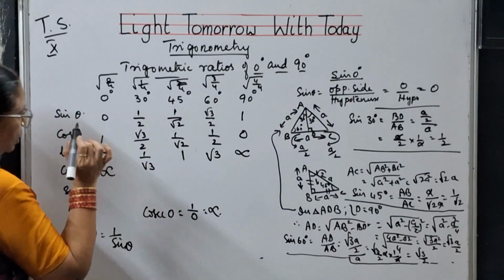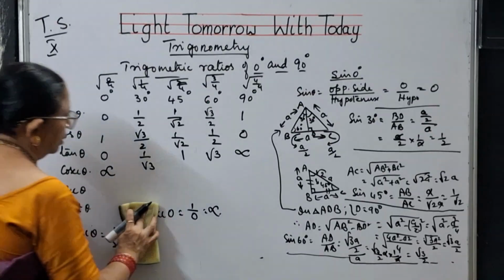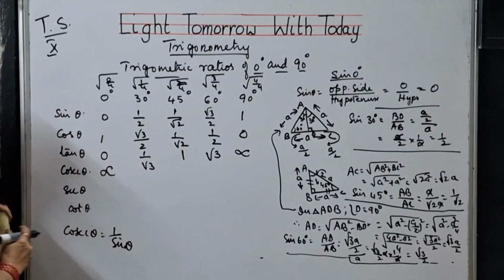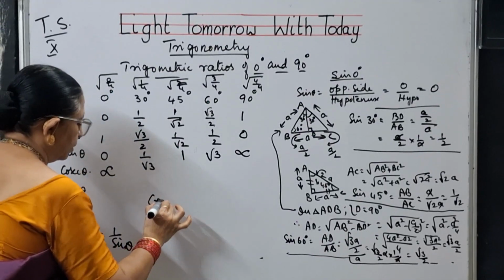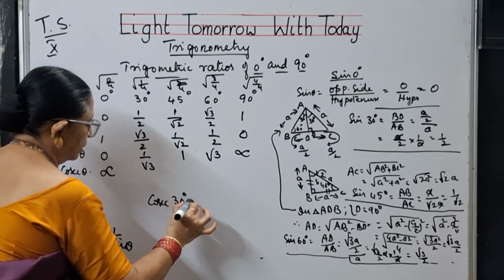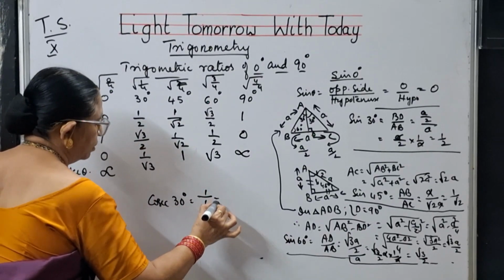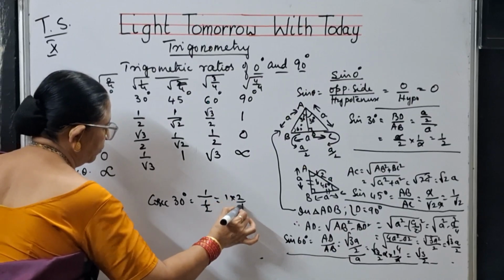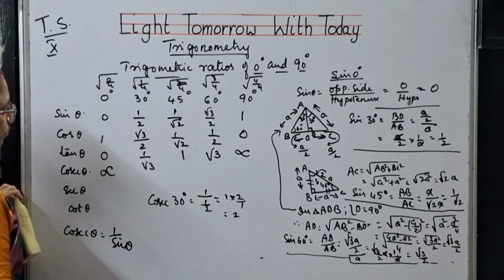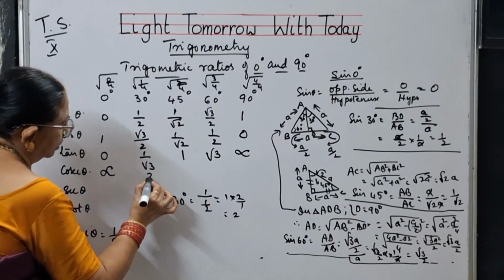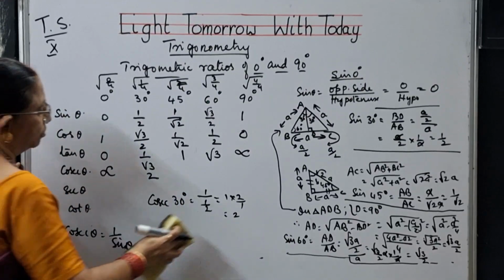So cosecant 0 degrees is infinity. Now cosecant 30 degrees is 1 by sine 30, 1 by 2. That means 1 into 2 by 1, that is 2. So cosecant 30 degrees is 2.